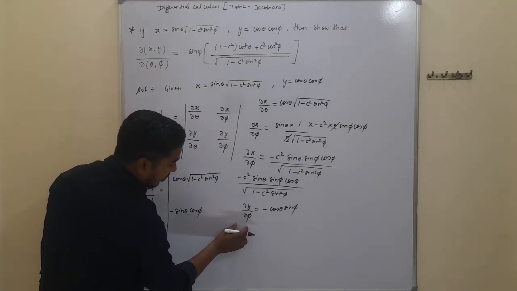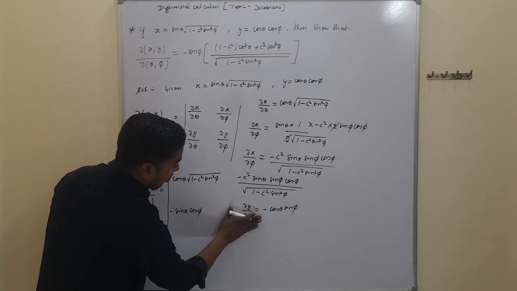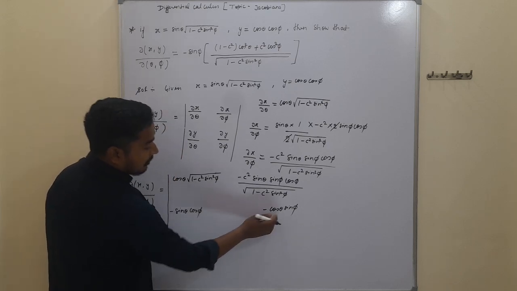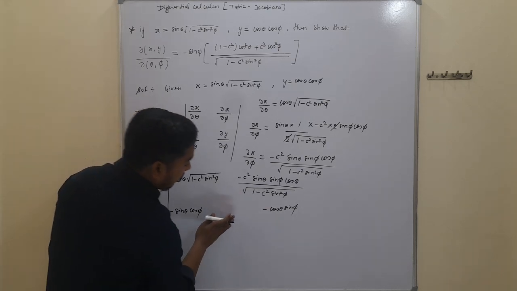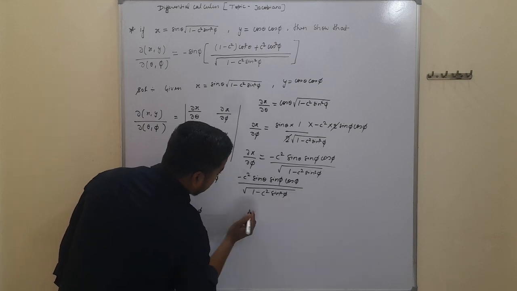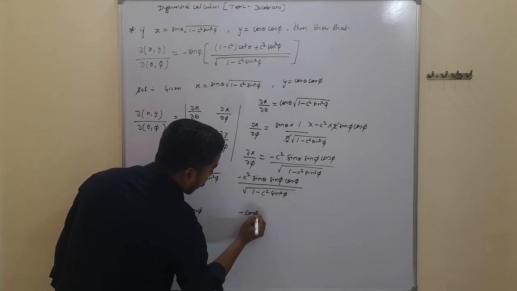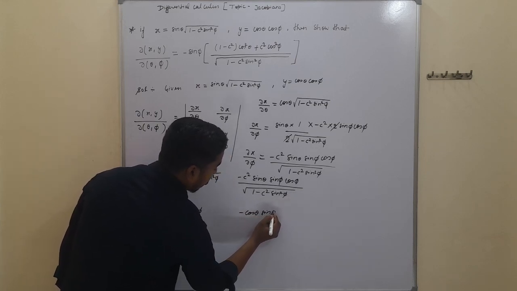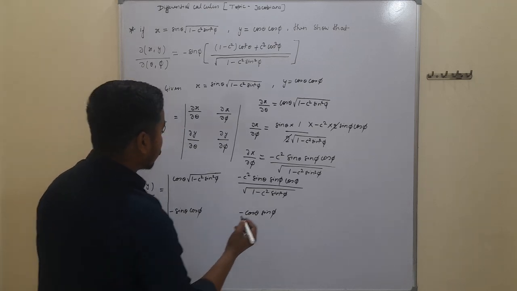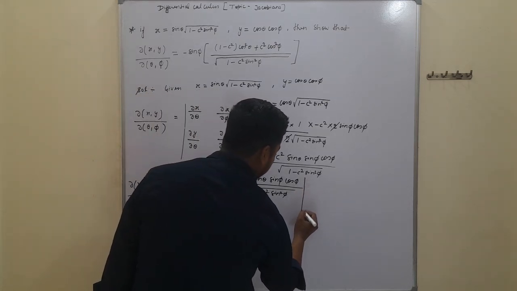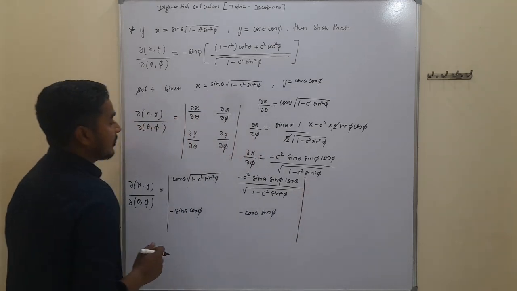This is given by minus of cos theta into sin phi, and we have to solve the given determinant.